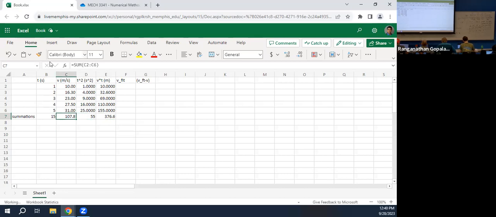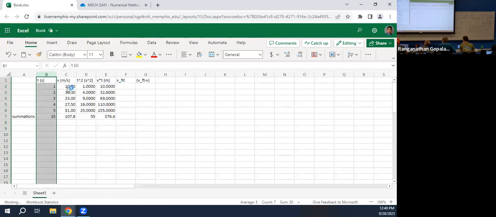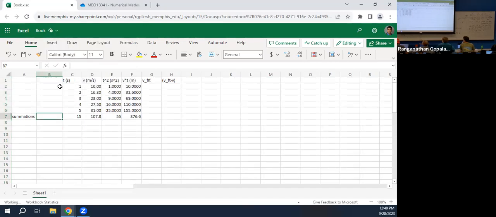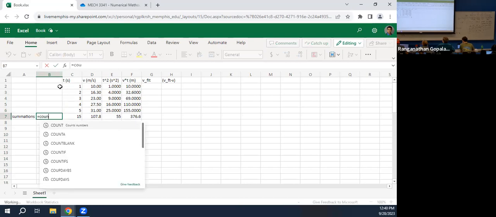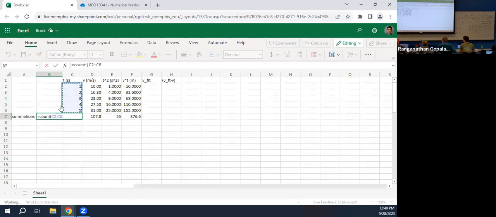And for large sets, it's a useful thing to do equal to count the number of rows. This is just like counting how many instances there were. So this is your n, sigma x, sigma y, sigma x squared, and sigma xy.